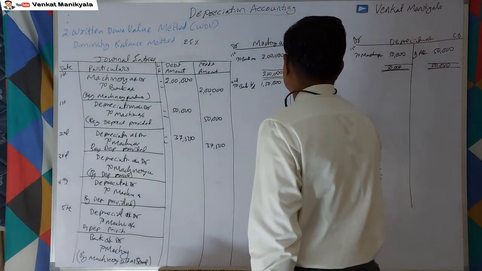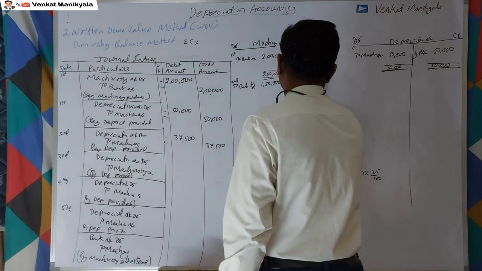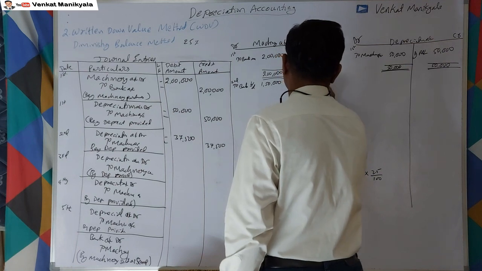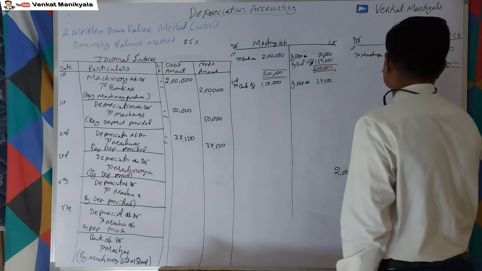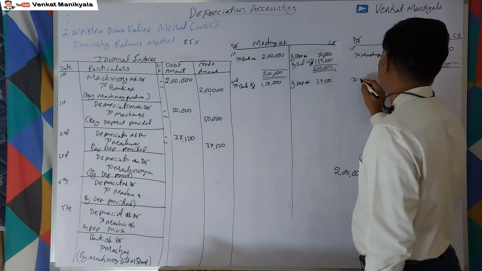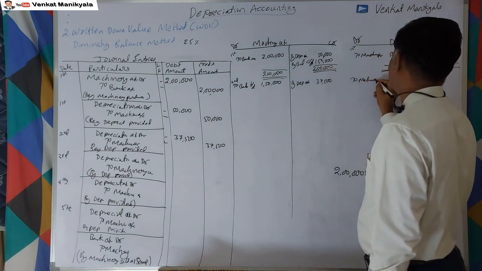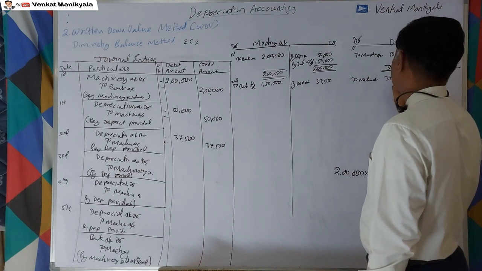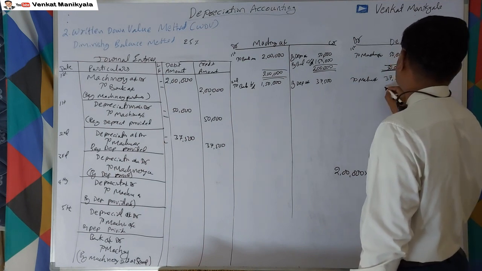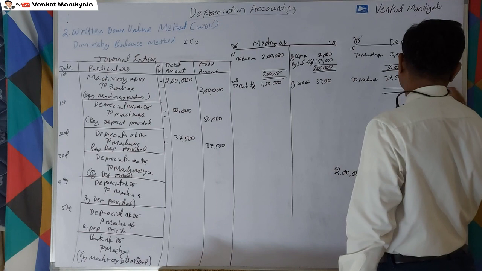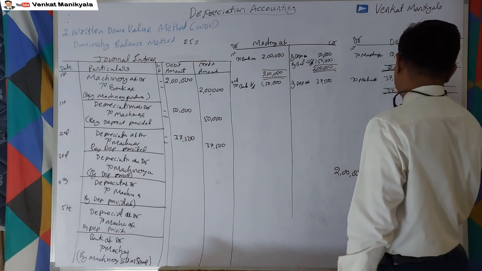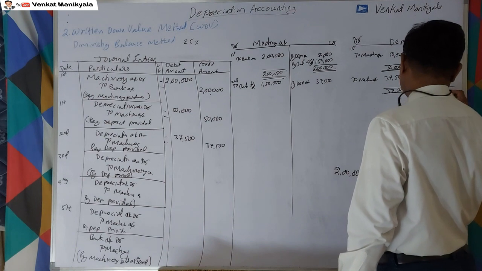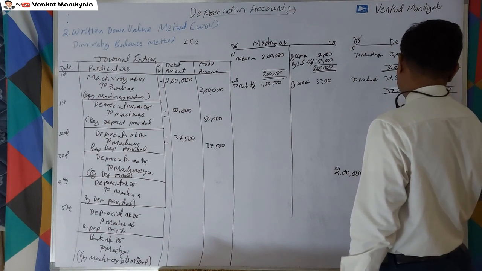So depreciation account is debited 37,500 to machinery account. At the year end, let us close this 37,500 and transfer it to P&L account.